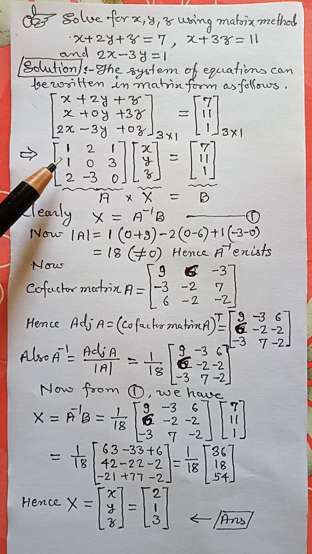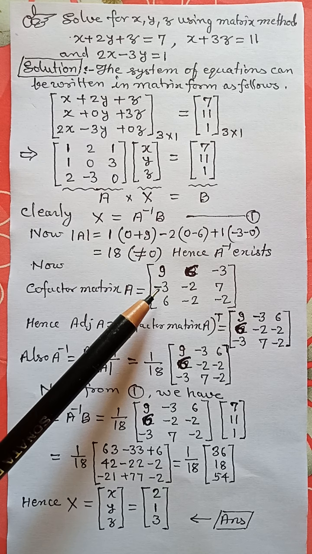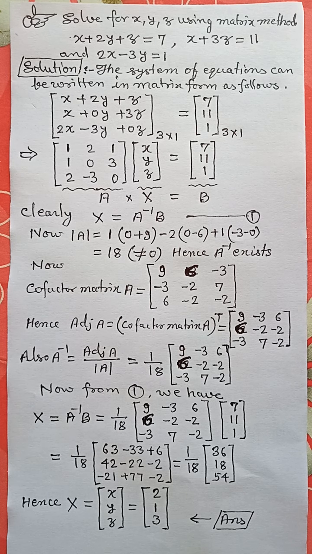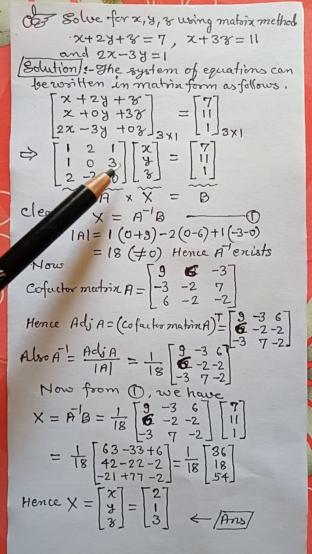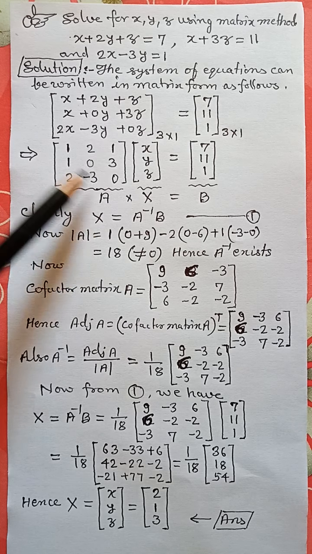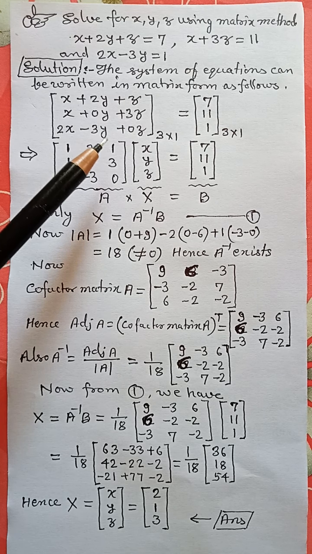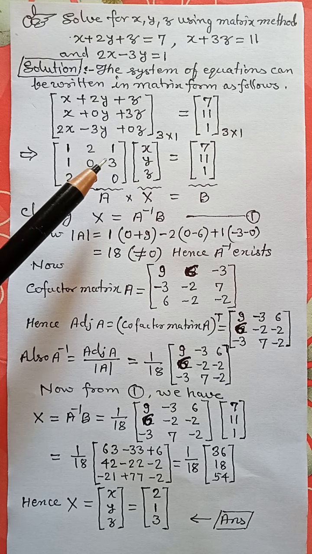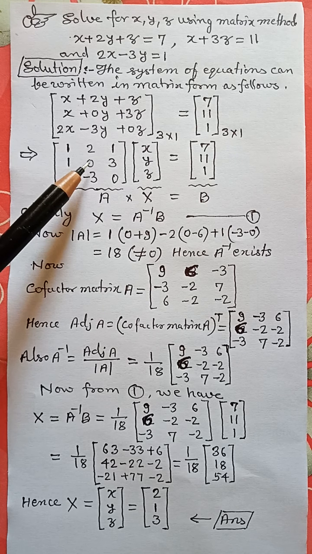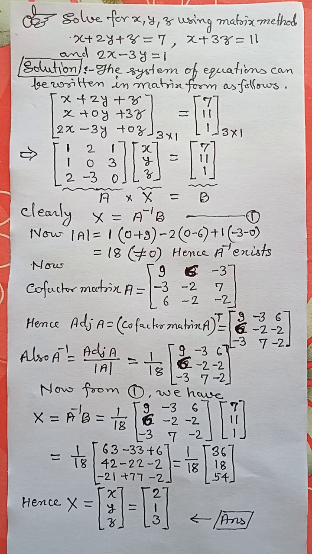But its sign is minus, therefore it is minus 3. Similarly here, 1 multiplied by 0 is 0, and 2 multiplied by 1 is 2, so minus 2. Here the minor is minus 2 and its sign is positive, therefore it is minus 2.